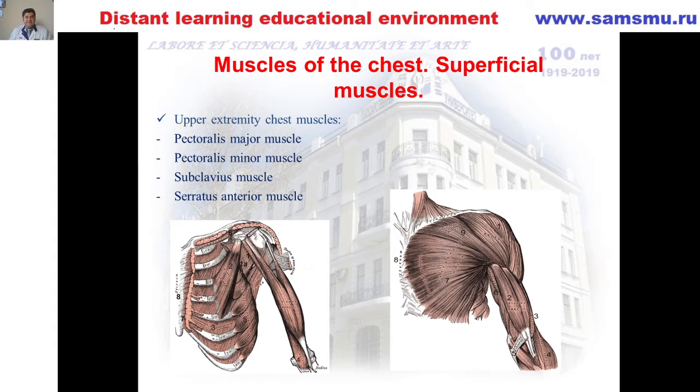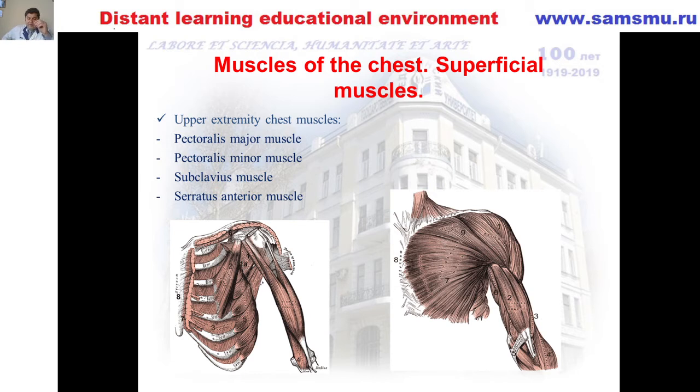The inferior slips interdigitate with the initial slips of the external oblique muscle of the abdomen, found on the lateral surface of the thoracic cage. And we will see these interdigitating slips when we study the abdominal wall.